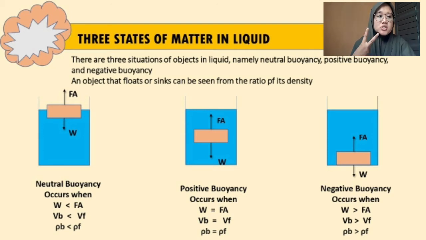Positive buoyancy occurs when weight equals buoyancy force, object volume equals fluid volume, and object density equals fluid density. And 3, negative buoyancy. You can see in this picture, guys. Negative buoyancy occurs when weight is greater than buoyancy force, object volume is greater than fluid volume, and object density is greater than fluid density. Okay, next slide.